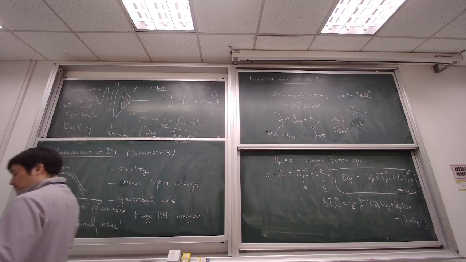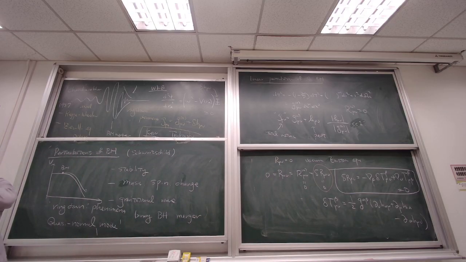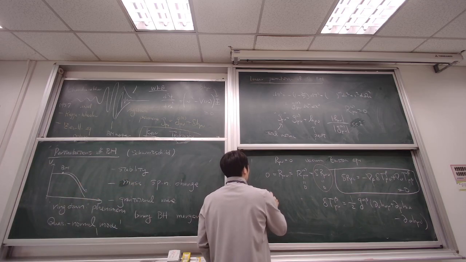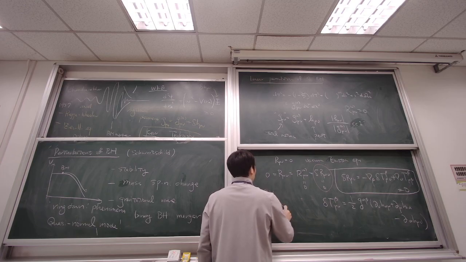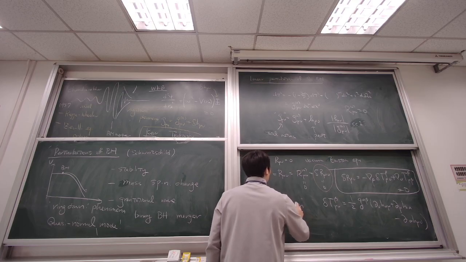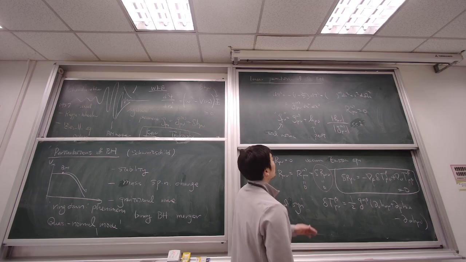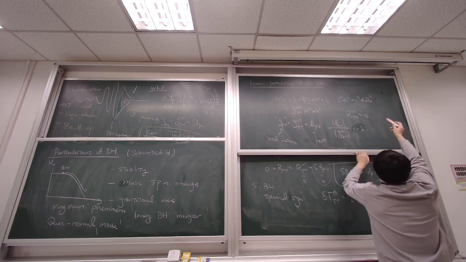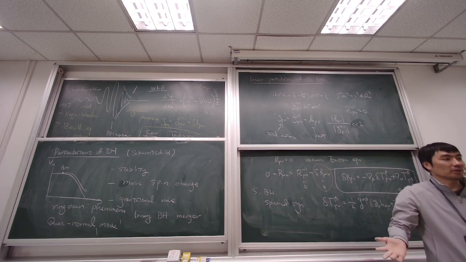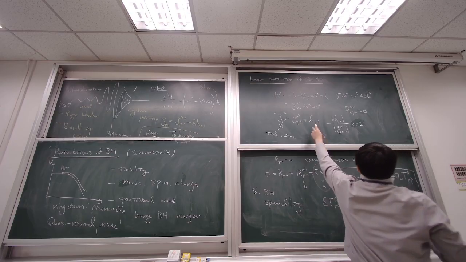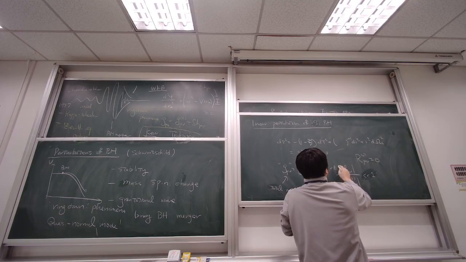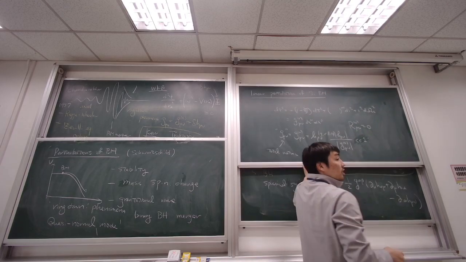The idea is very simple, but the important thing is that a Schwarzschild black hole is spherically symmetric. So the metric dependence on theta and phi is very simple, just a sphere. But once you perturb it, this spherical symmetry is broken. So h can depend on t, r, theta, phi.